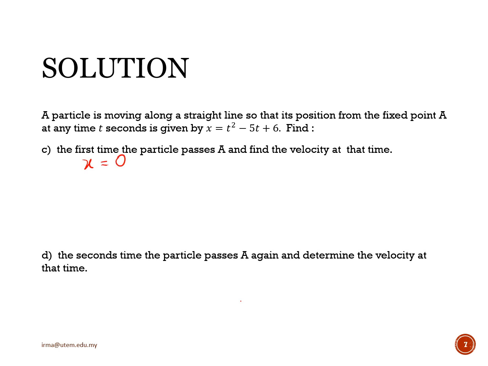So we set the quadratic equation equal to 0 and factorize to get the values of t. We have t minus 3 times t minus 2, which is equal to 0. From here you will have t equal to 3 and also t equal to 2.